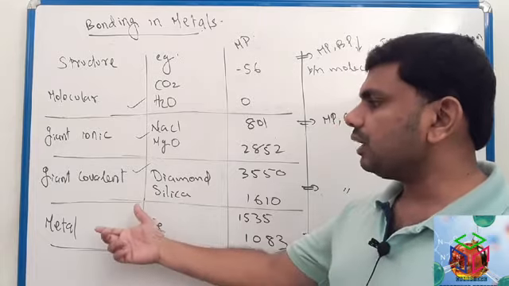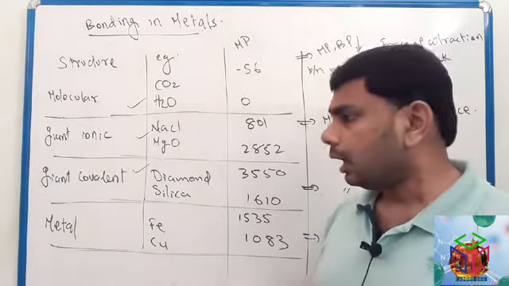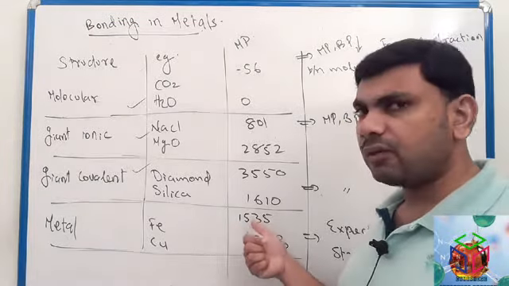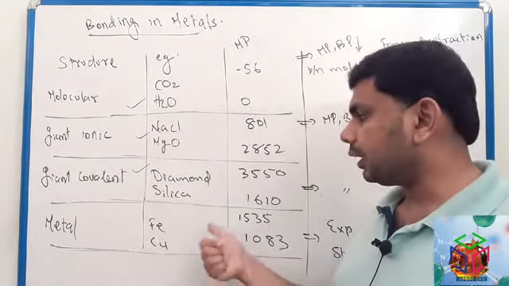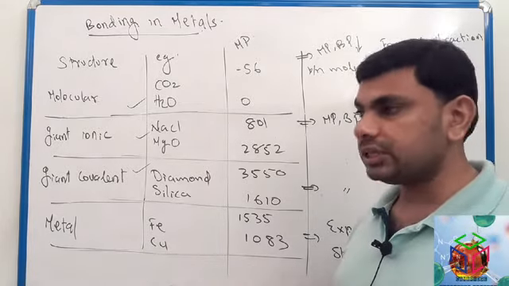Similarly, here we have metals, iron and copper. Iron has a melting point of 1535, copper 1083.